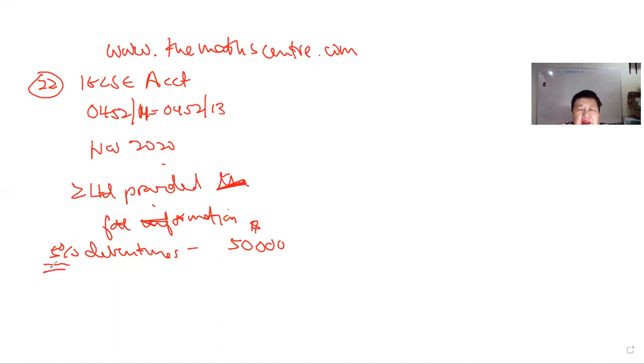In this case, these debentures are issued by Z Limited, and every year, without fail, they have to pay 5% on the value of the debentures. That means every year, the interest on the debentures will amount to 50,000 times 5%. This is also known as loan stock. This is not equity. This is part of non-current liabilities. So this company has 5% debentures.